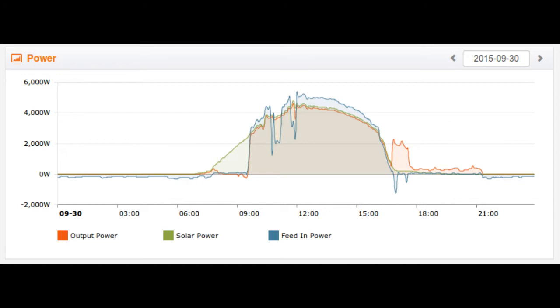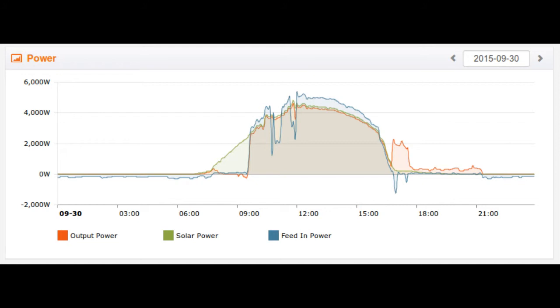So you would expect the blue line to be slightly less than the red line, because you'd be using some of the energy in the house and only what's left over would be exported. But because we've got the two inverters, we are actually producing AC from the other inverter as well, and this is measuring the fact that we've exported that energy from the other inverter, which is why the blue line is higher than the green line. So I just wanted to show that one.